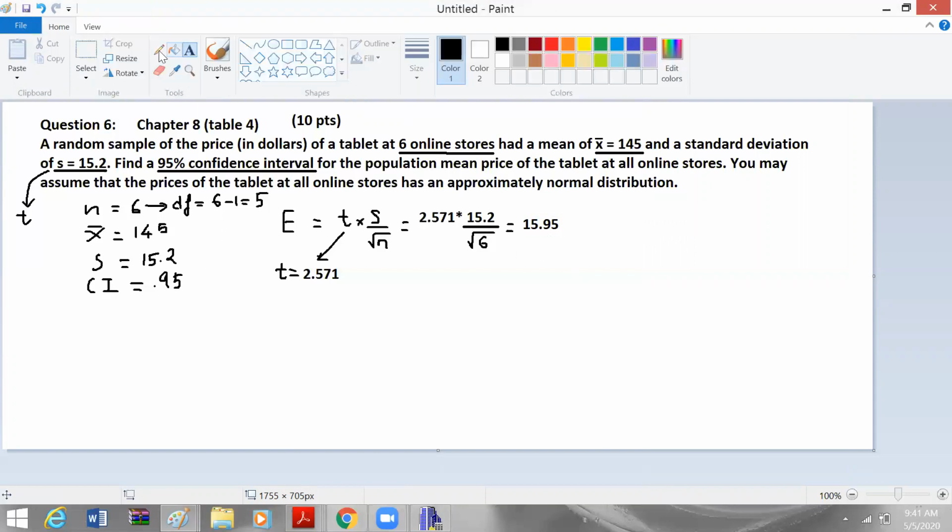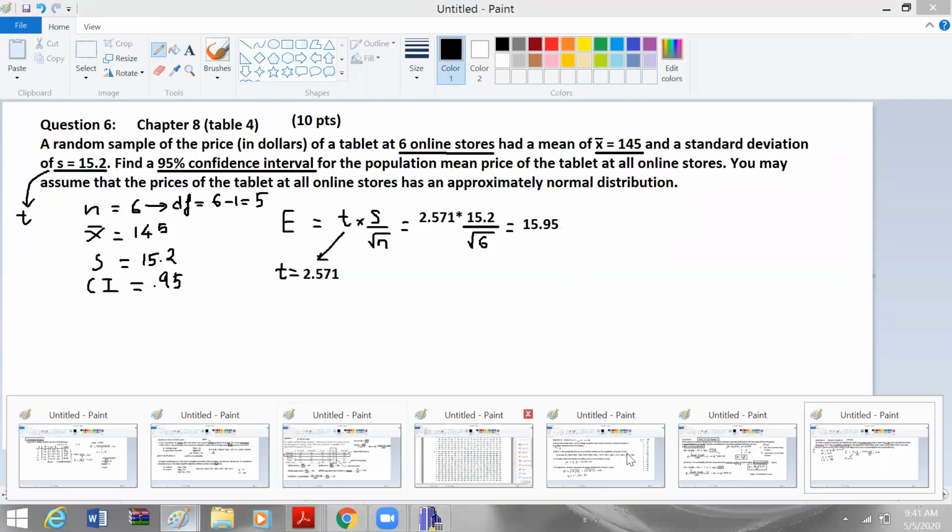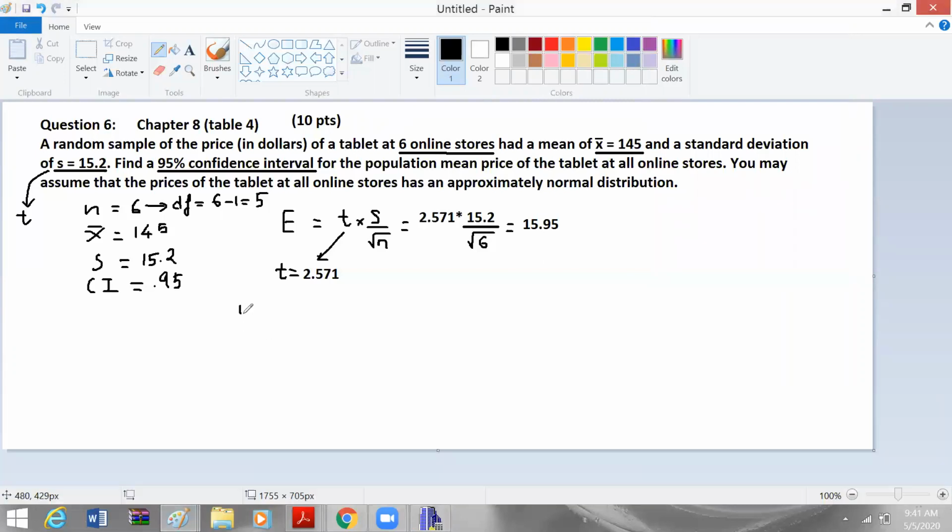Finally, we're going to say the 95% confidence interval for the population. I'm going to copy this down. The mean that we have is x bar minus the error, and then x bar plus the error.